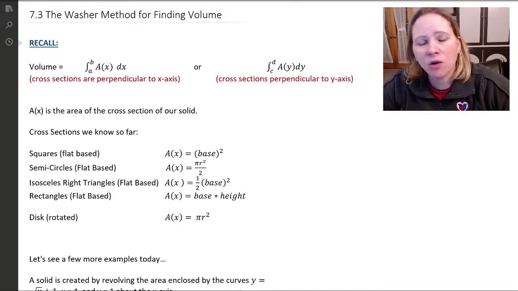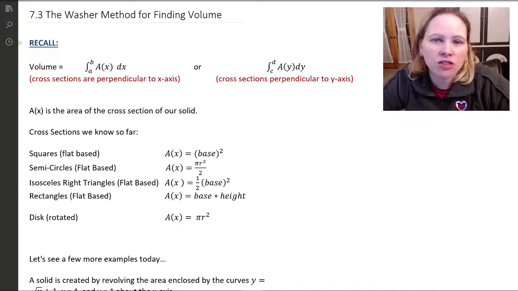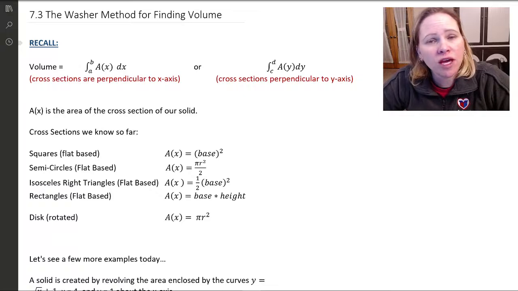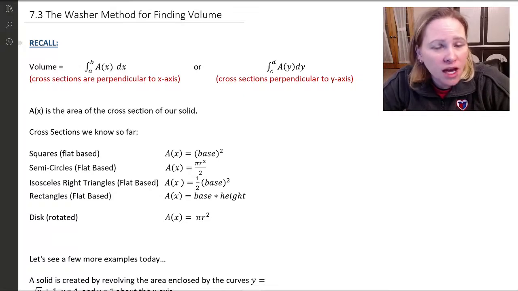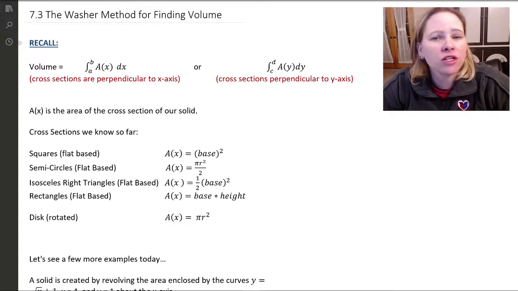And depending on what we're perpendicular to with our cross section, that's going to determine our setup. If we have cross sections perpendicular to the x-axis, which is certainly the most common scenario, we would set it up with a dx setup. That means everything, including our limits of integration and the area function itself, would contain functions of x.